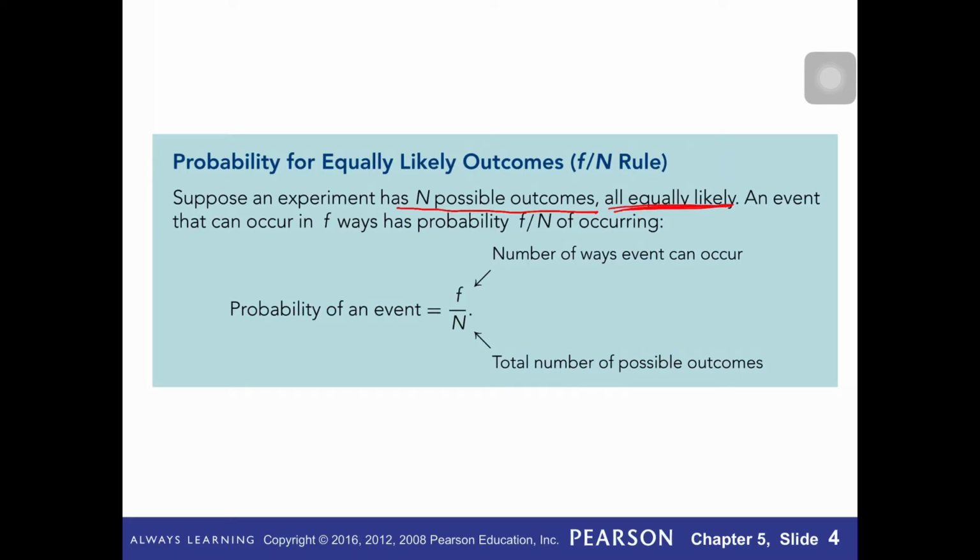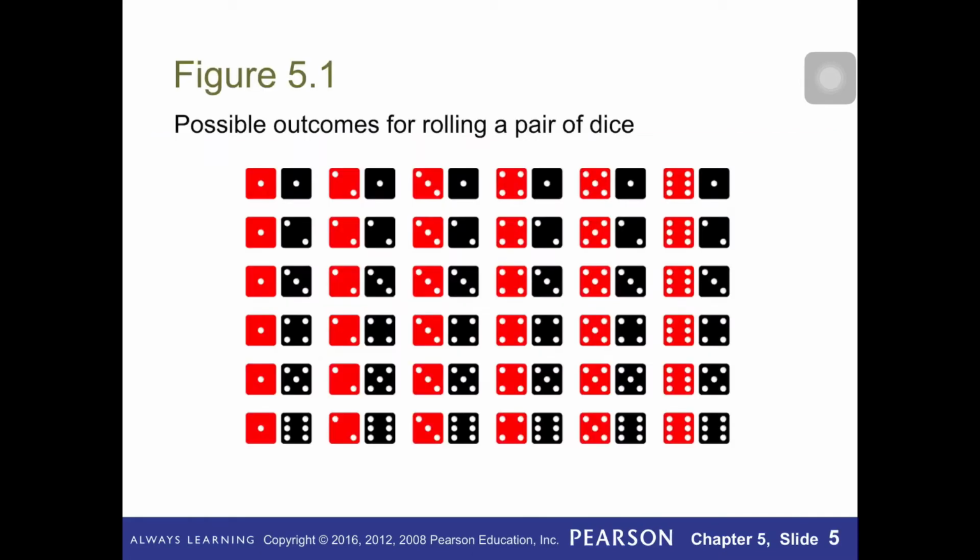An event that occurs in f number of ways has probability f, the number of ways the event occurs, divided by the total number of possible outcomes.